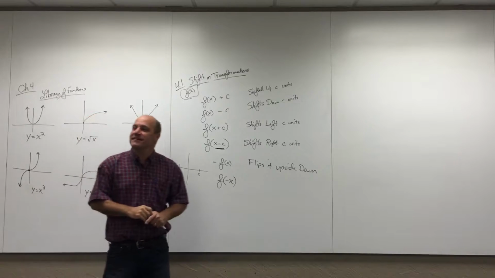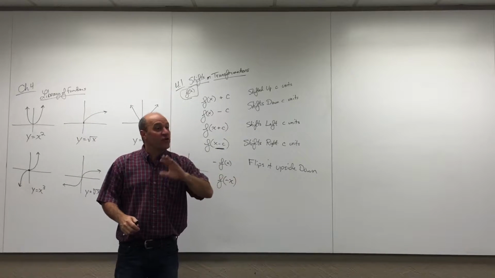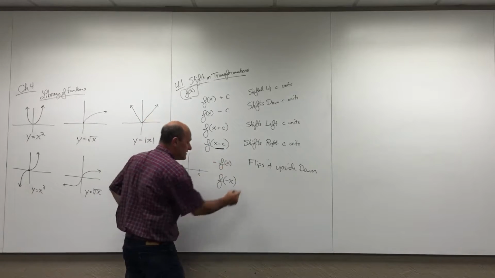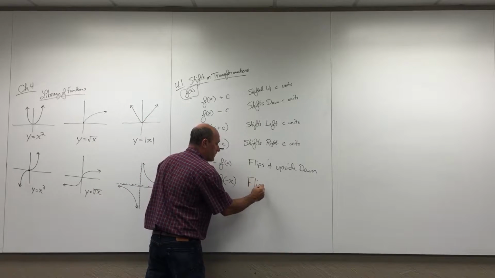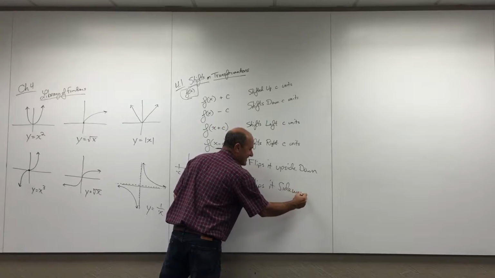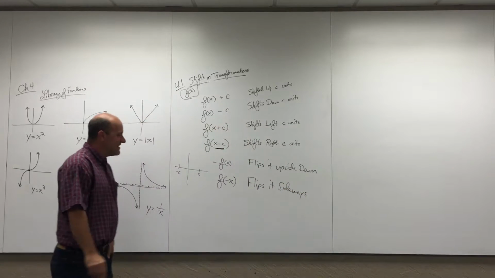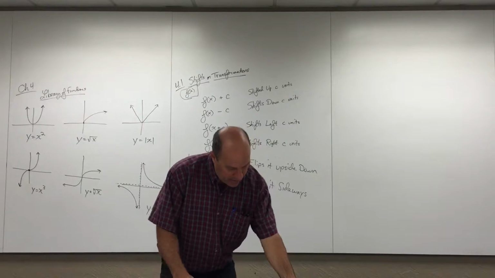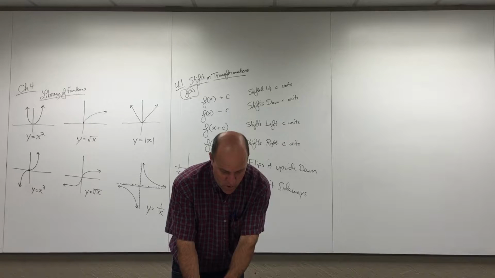Or, what's the fancy way to say that? It makes it a reflection around the y-axis. Or I like to just say flips it sideways. Yeah, that's pretty good. That might be about as much as I want to tell you there.